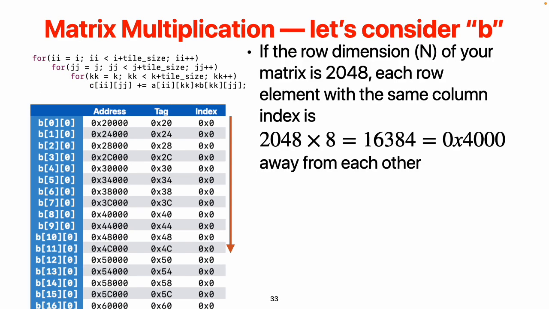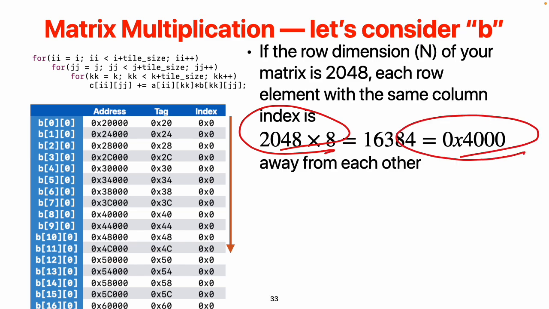So let's assume B00 starts with this address. If you have 2K matrices, and each element takes 8 bytes, then you can imagine the offset from one column to another would be 4,000 in hex.